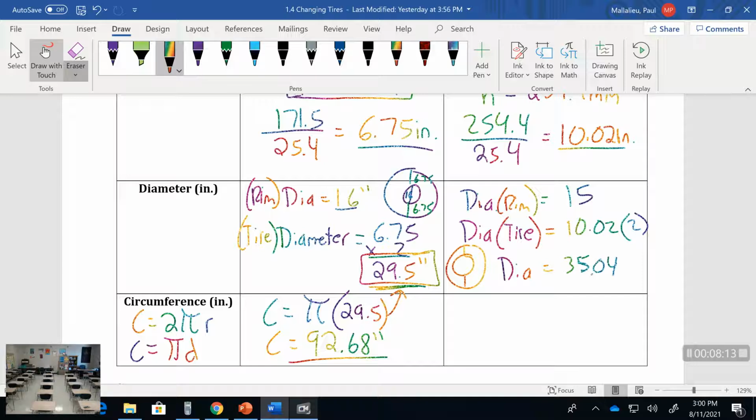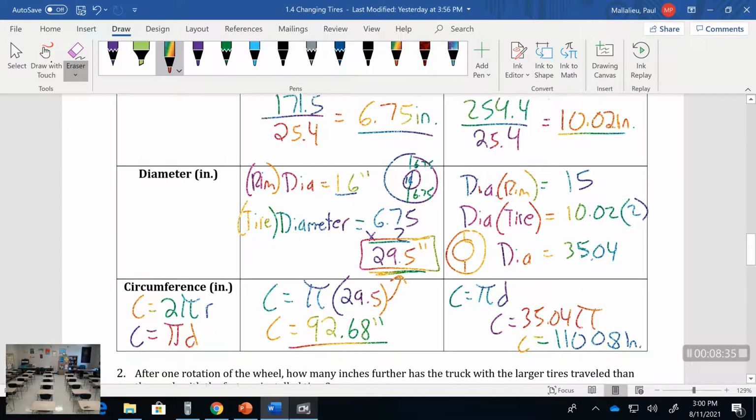All right, and then our last step to complete the comparison, we know circumference equals pi times diameter, so circumference equals 35.04 times pi. So the circumference of this tire all the way around is 110.08 inches.